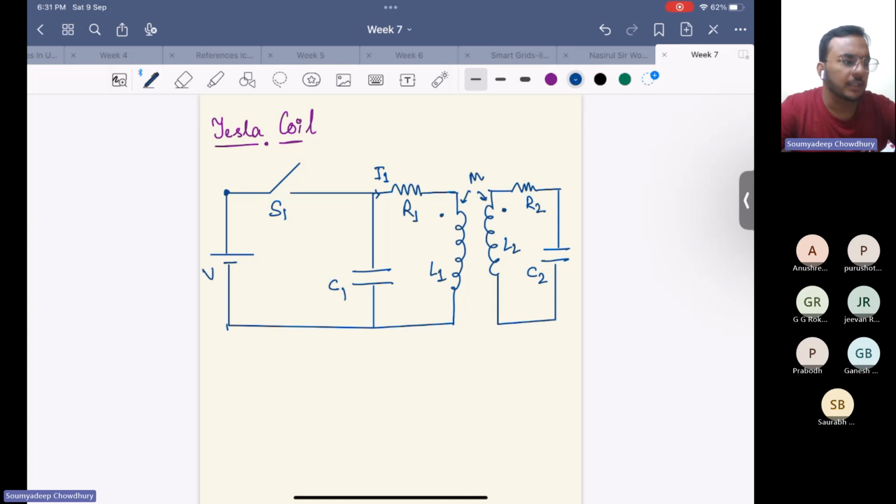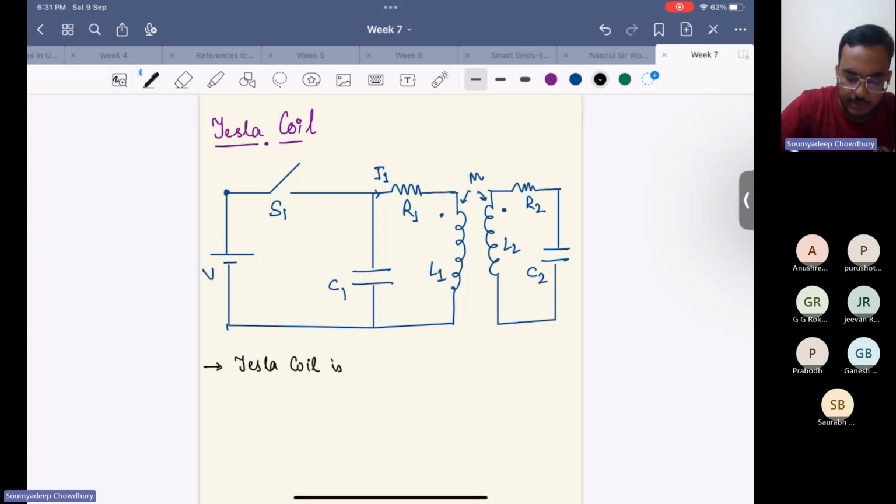So this is the circuit for the Tesla coil. The core used here is an air core transformer. So hence, there is a loose coupling between the primary and the secondary.